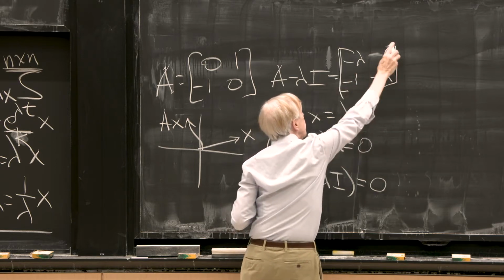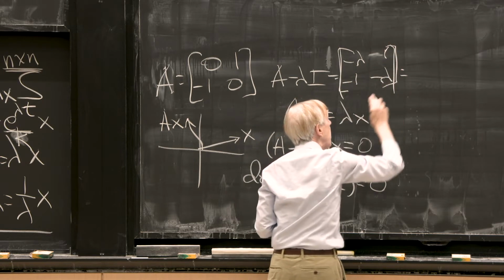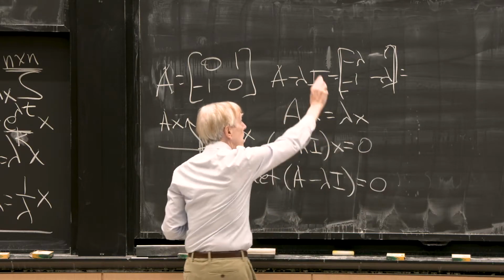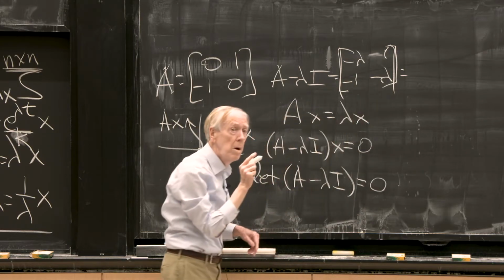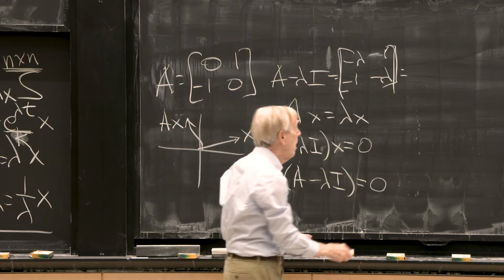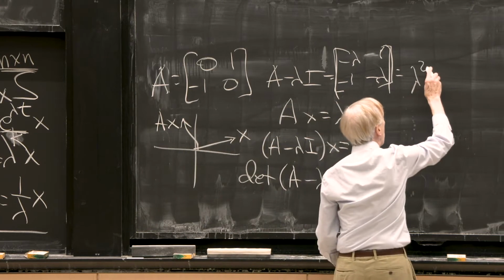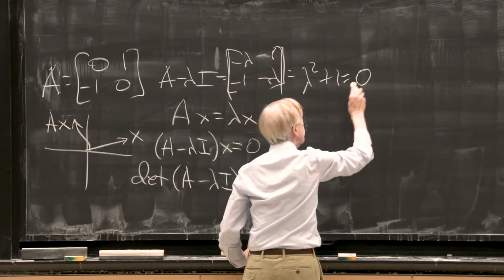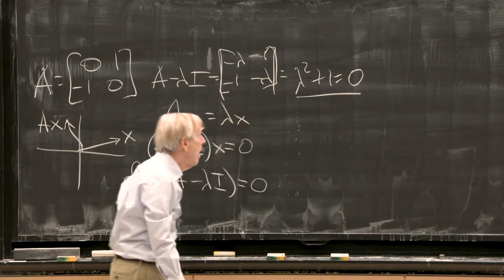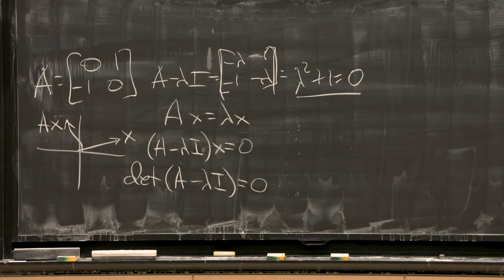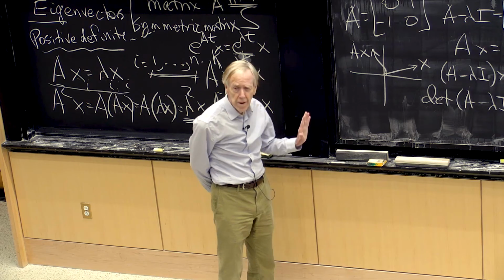I'm going to take the determinant, and what am I going to get for the determinant? λ squared plus 1. And I set that to 0. So I'm just following all the rules.